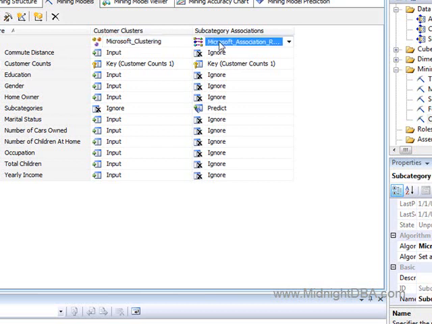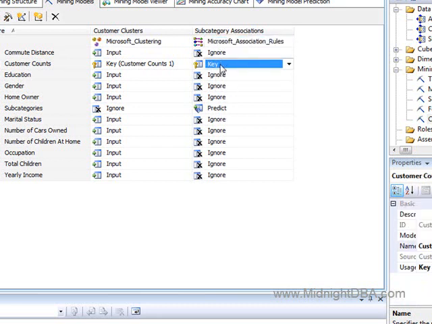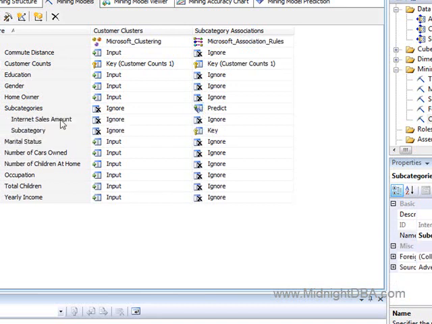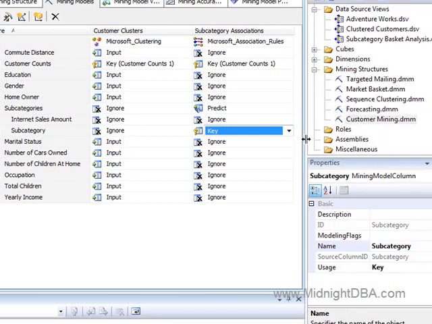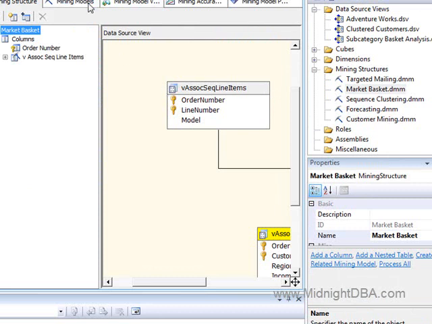But you can see here that for the association rules, there's very little information that is passed in. In fact, you have the key value, and then you have the subcategories that you're basically trying to just predict on. So there's not a whole lot that's in that one, but this one has a lot larger sets in it. And I think if we look at the market basket, this has even more models in it.